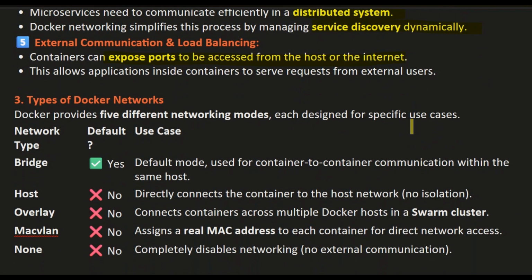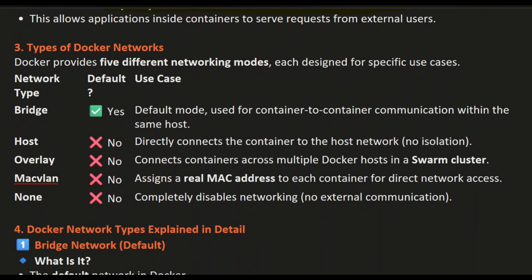3. Types of Docker networks. Docker provides 5 different networking modes, each designed for specific use cases. 1. Bridge network, default. Used for container-to-container communication on the same host. Containers get separate IPs and can talk via host names.